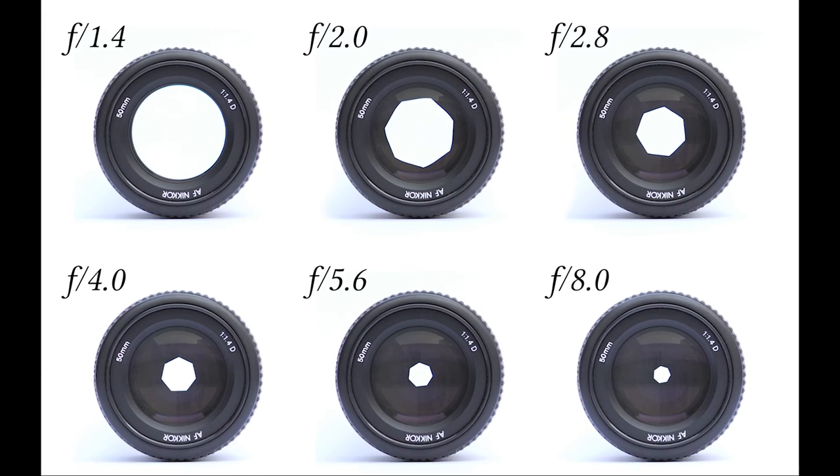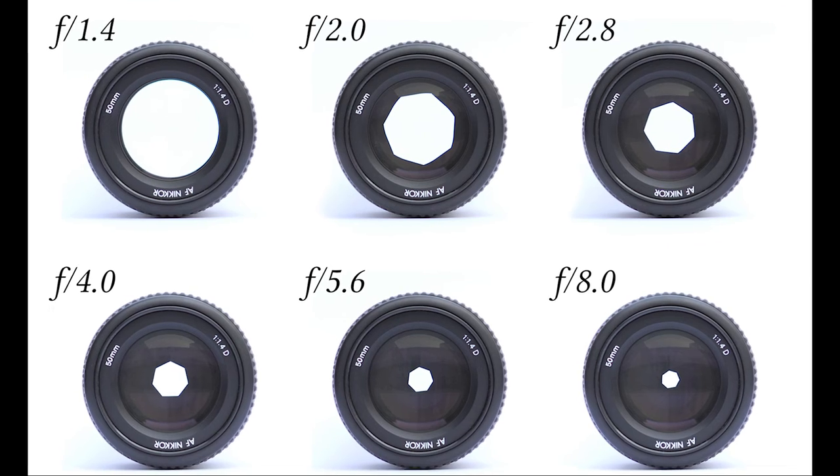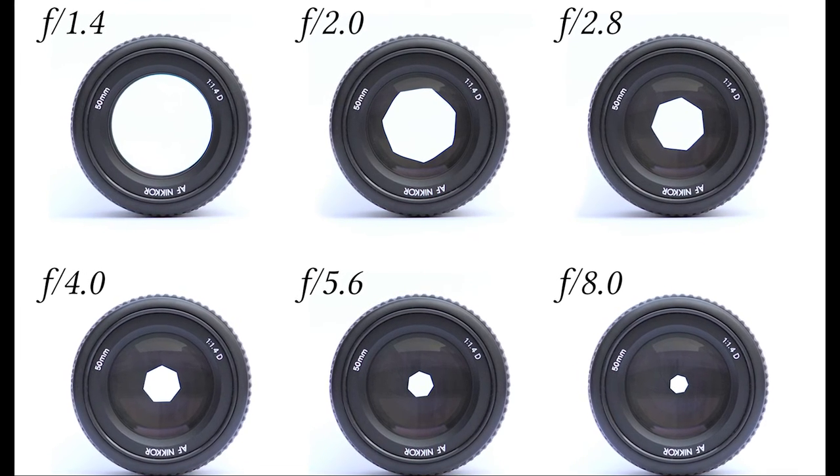Let's talk about aperture. There's two things that I want to talk about for aperture: one, focal length, and the other is bokeh. Focal length is the f-stop, like f/1.4, f/1.8, or f/2.8, whatever. The lower it is, the more light that's going to be allowed inside your camera.